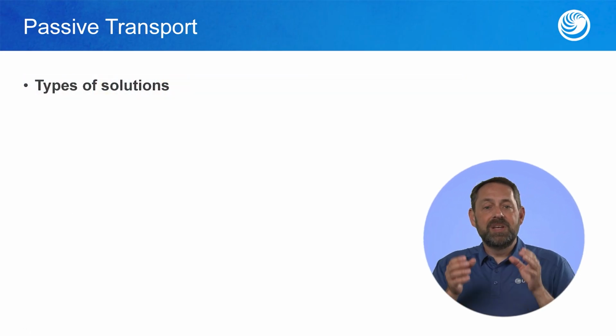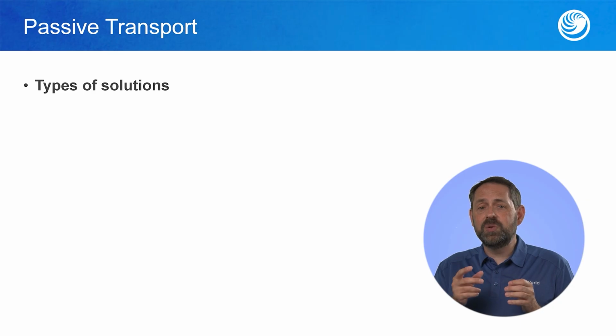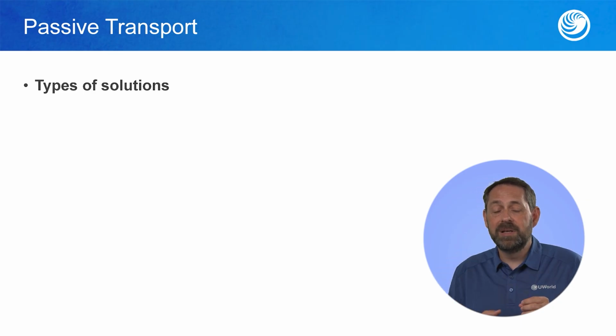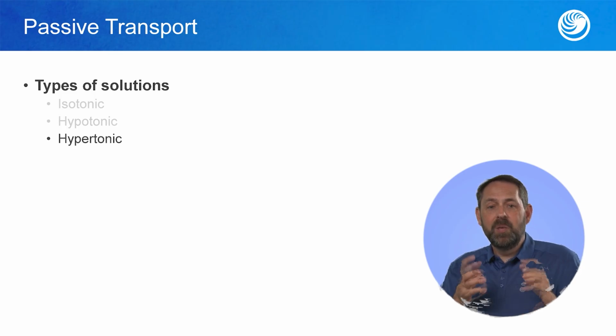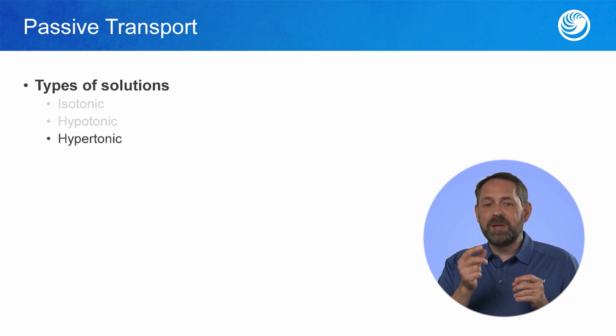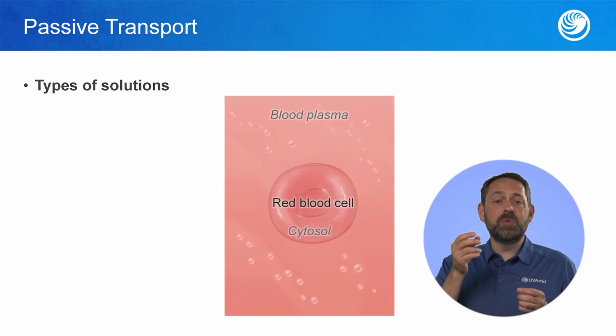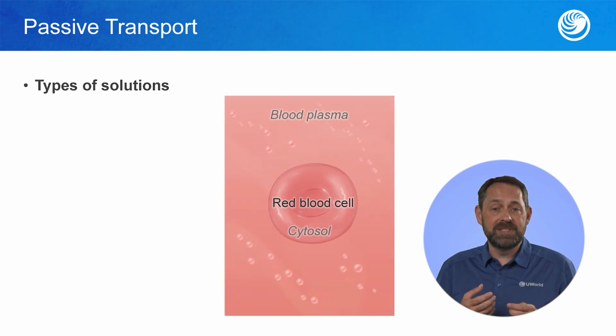In practice, tonicity of a solution is usually described in one of three ways: isotonic, hypotonic, and hypertonic. We'll explore the effects of these types of solutions on animal cells using a red blood cell as a representative example.